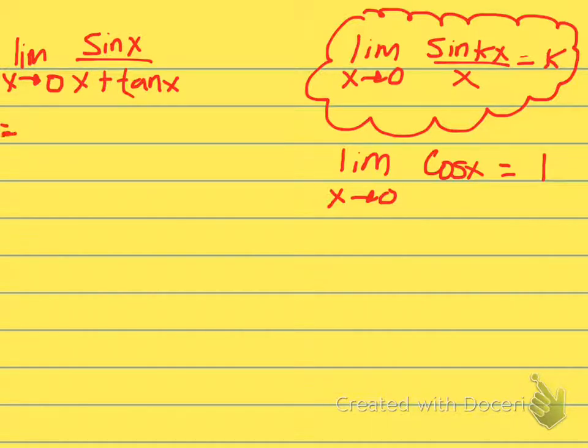Here we go. Limit as x approaches 0 of sine x all over x plus sine x over cos x. So at this point we have a couple of options. The first option, which I personally don't like, is to find a common denominator on the bottom.